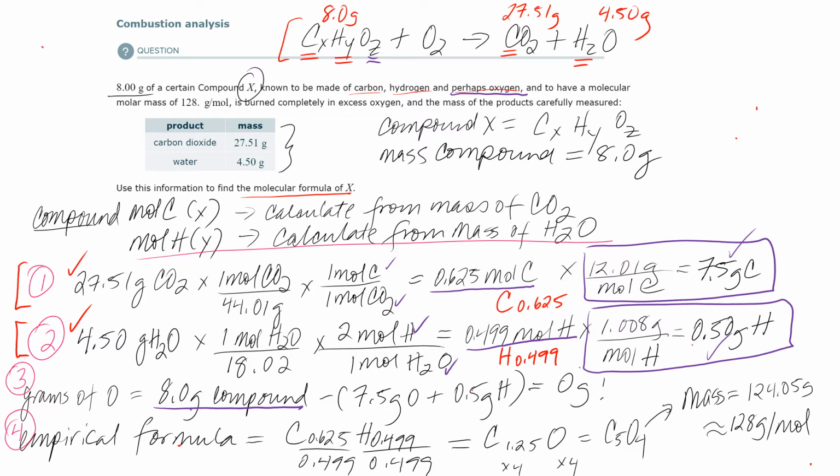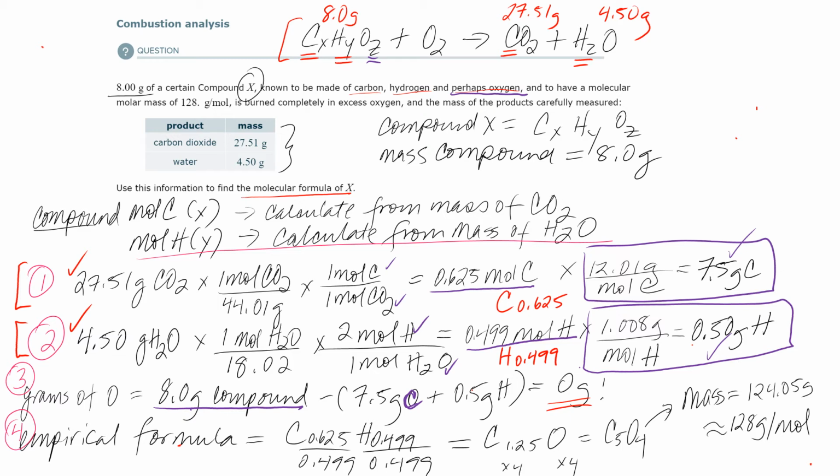So we're going to take our 8.0 grams of compound and subtract our grams of carbon and our grams of hydrogen. Guess what? We don't have any oxygen in this compound, because when we take our 8 grams of compound and we subtract 7.5 and 0.5, we're left with 0 grams. So now we basically have our empirical formula.